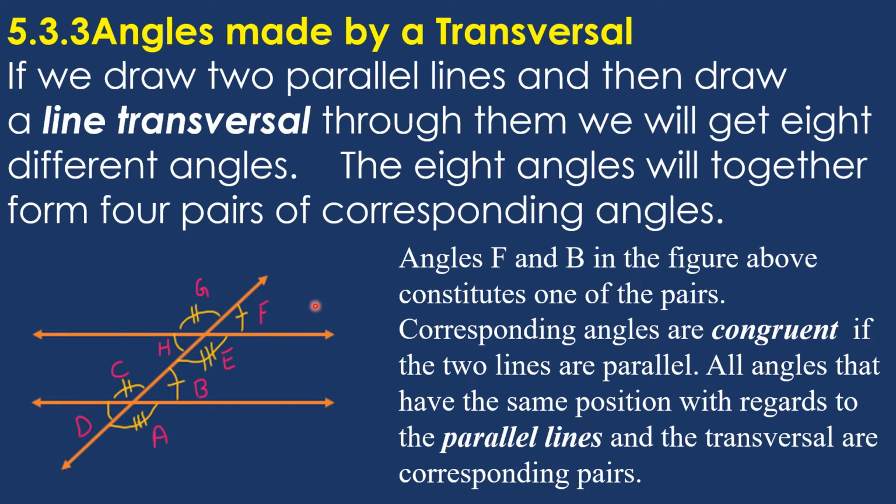Angle F and angle B form one pair of corresponding angles, which are congruent if the two lines are parallel. All angles that have the same position with regard to the parallel lines and the transversal are corresponding pairs.